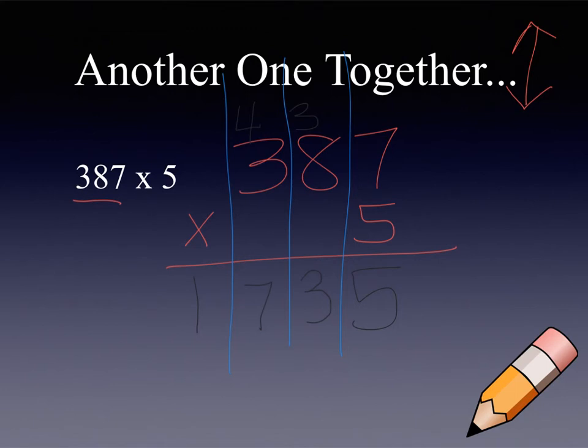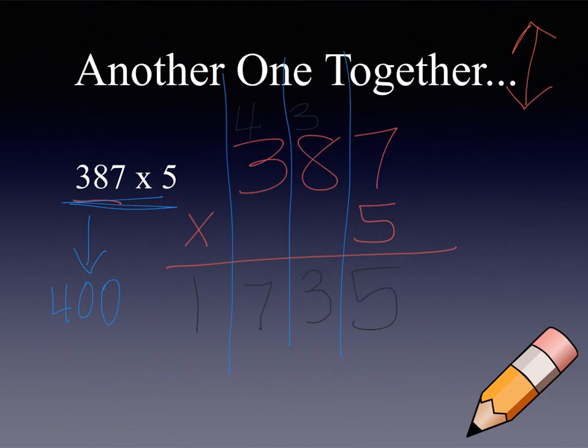Now, just like the last one, we're going to estimate this number so that we can see if we get a reasonable answer for what we got. So I'm going to take our original equation here. I'm going to estimate 387. I'm just going to estimate it to the nearest hundreds place because I think that's going to give me the easiest number to multiply. So 387, I'm going to estimate to 400 because it's greater than 350, which means I'm going to round up.